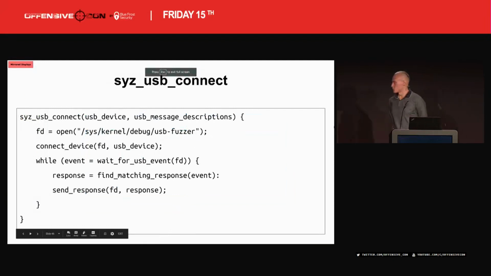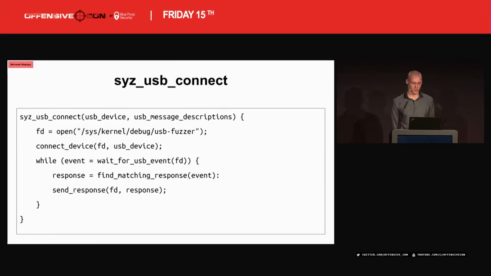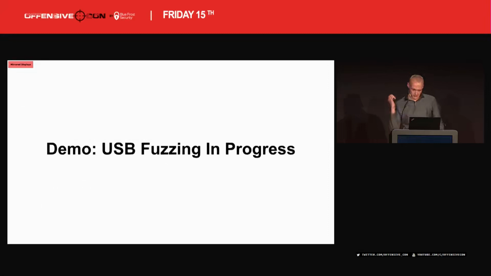Yeah, this looks better. So you connect a device that is based on those descriptions that you got passed, and then you wait for USB events. And whenever you have some event, some message you're supposed to reply to, you just get the reply from the description that you got passed.